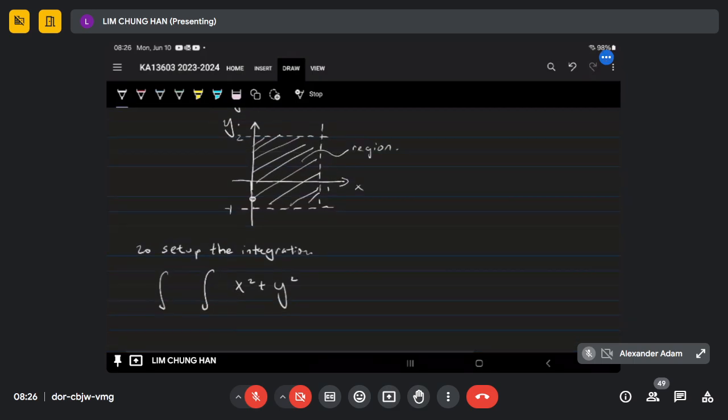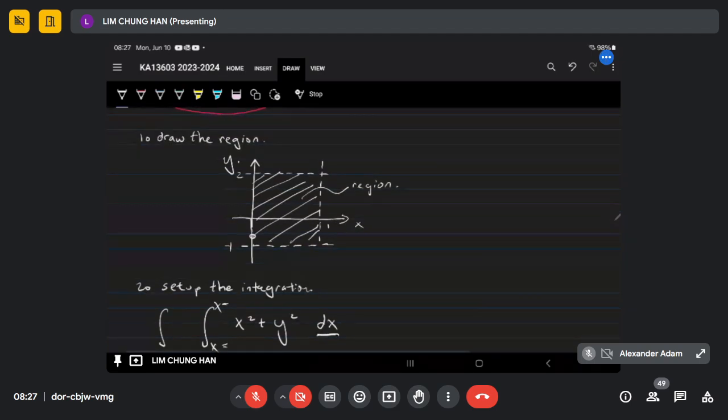If you want to differentiate against x first, that means my first set of limits has to be x limits.